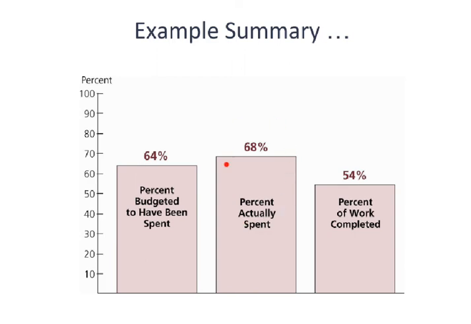We have actually spent 68%, which is a relatively minor difference, but we've only completed 54% of the work. So we are 10% behind on completing the work, 54 to 64, and we're 4% ahead on spending. The fact that this is higher and this is lower is a very bad sign.